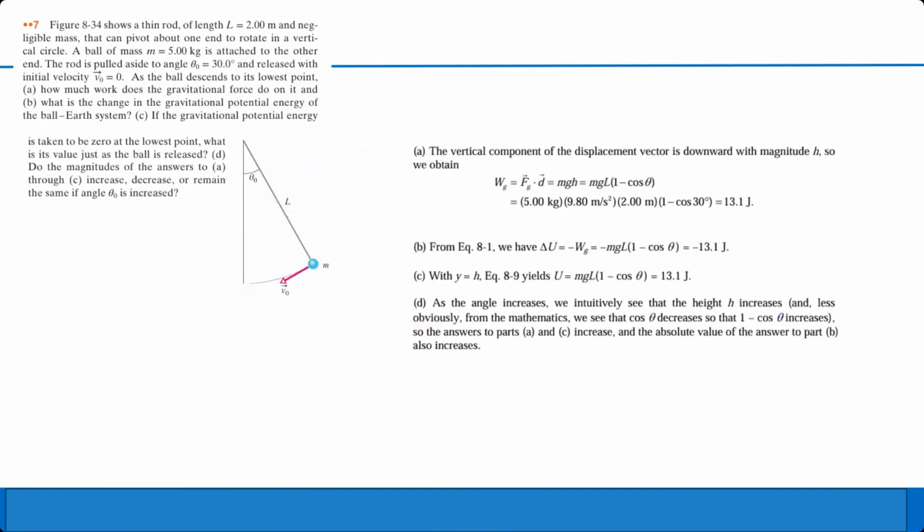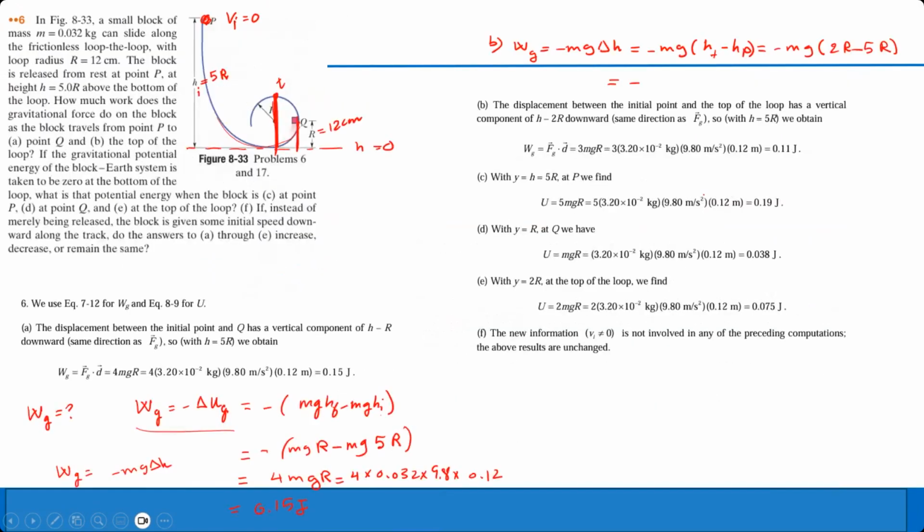I'll get minus 0.032 times 9.8 times 2 times the radius, which is 0.12 minus 5 times 0.12. Then the work done by gravity is 0.11 joules.